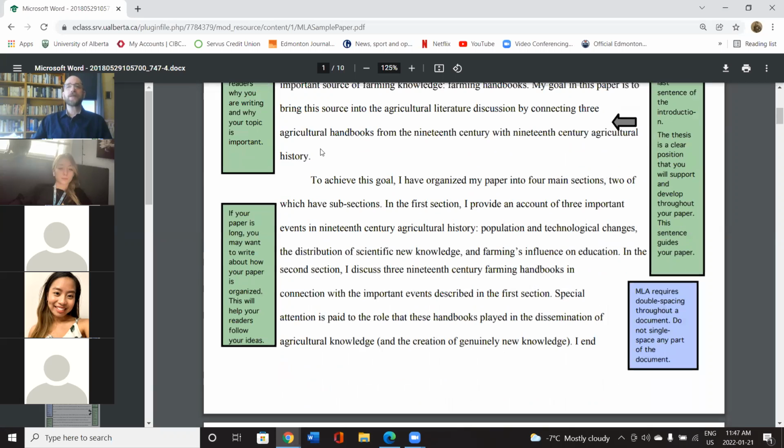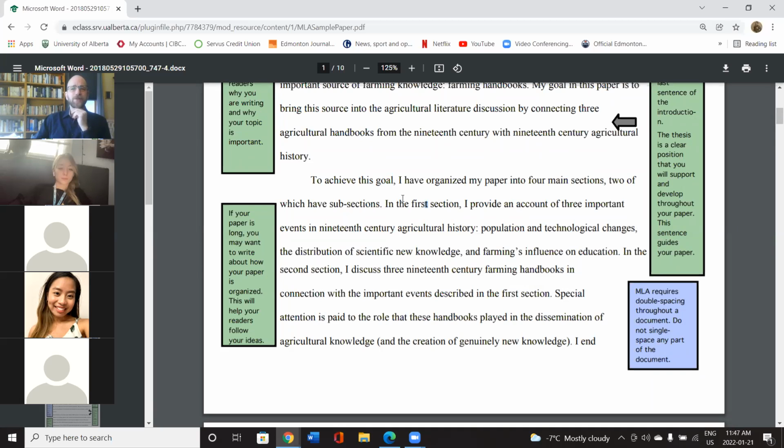Notice the connection between one paragraph and another. To achieve this goal, what goal? By connecting these 3 agricultural handbooks. This is a nice transitional gesture that points back to the thesis statement, but also moves on from it. I have organized my paper into 4 main sections, 2 of which have subsections. I don't advise that you divide the essays you write for me this year into sections and subsections.